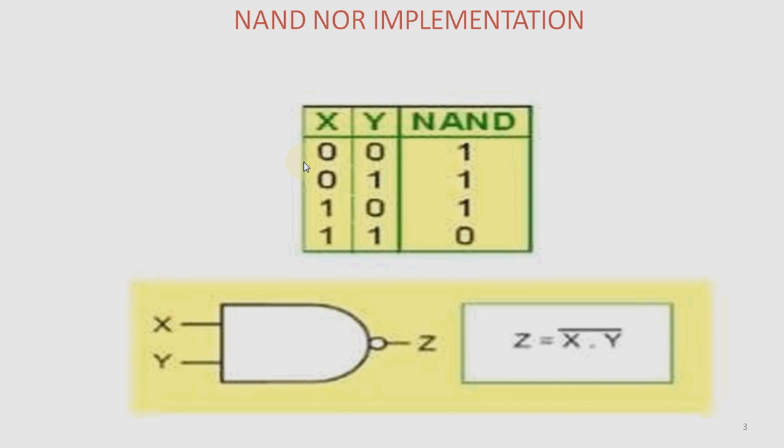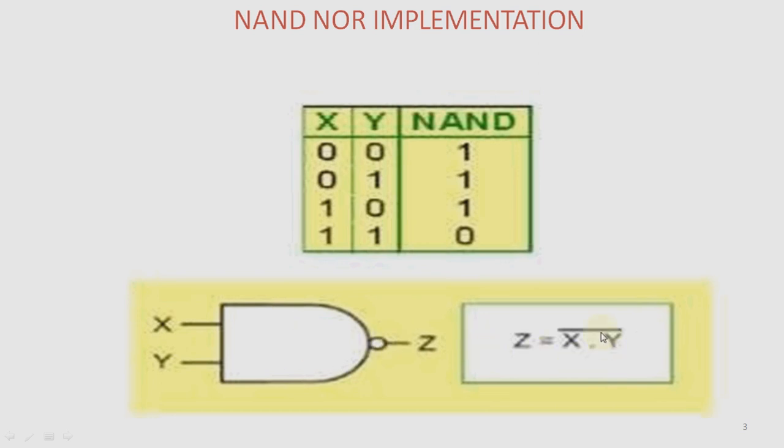So this is the NAND gate. How does the NAND gate come about? In the NAND gate we add the AND gate plus the NOT gate. The symbol of the NAND gate is similar to the AND gate, but there is a bubble at the output. That means it inverts the AND gate output.